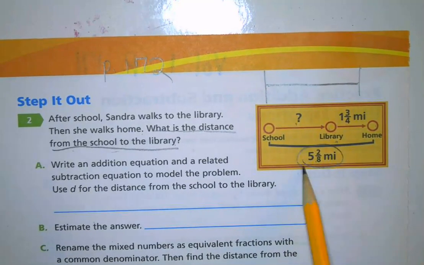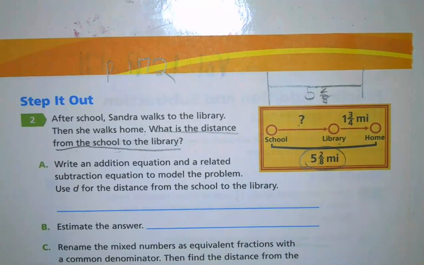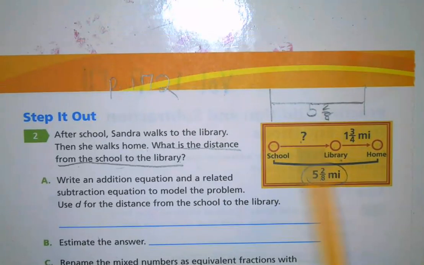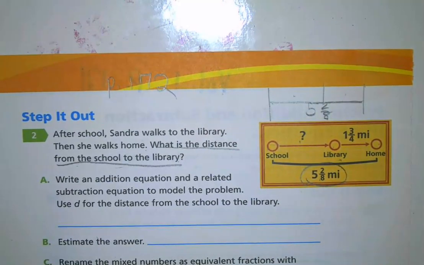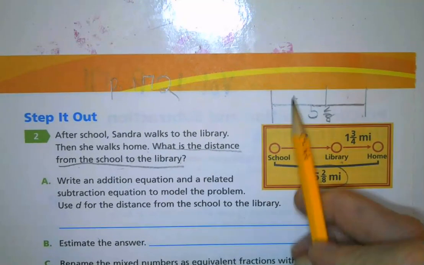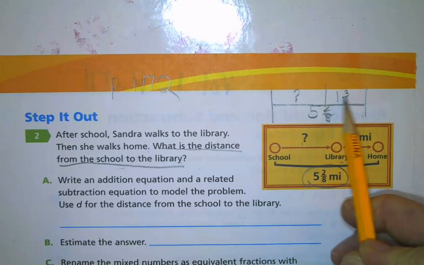My total is 5 2/8 miles. And then these two parts, which I'm going to represent at the top, will make up this total. I don't know this distance right here, that's my unknown, but I know this is 1 3/4.